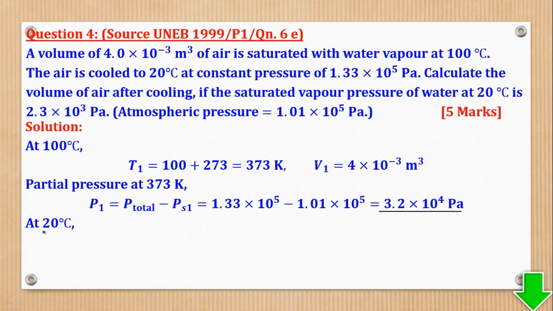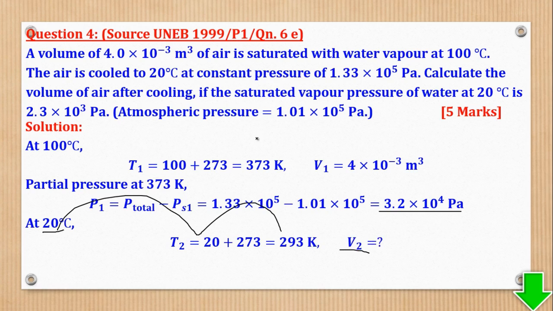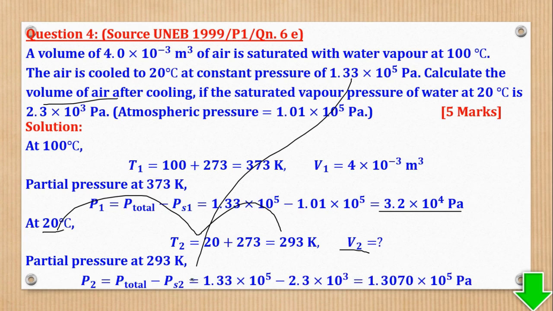What about at 20 degrees Celsius? There we convert the temperature to Kelvin. V2 is unknown, and actually that's what they want. Then the partial pressure at that point is got by subtracting, so it will be P total minus saturated vapor pressure at that temperature, which is this.